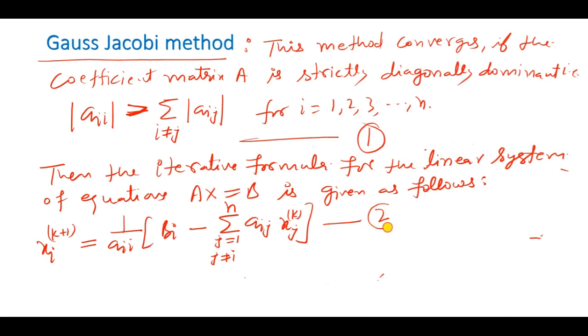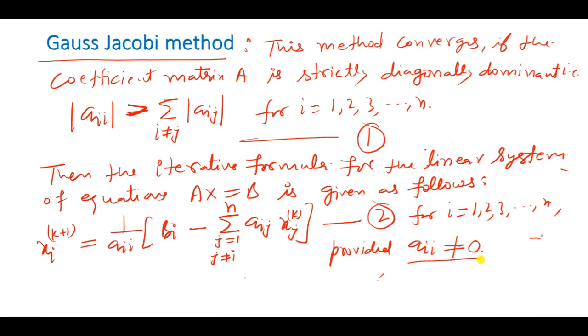This is equation 2, for i = 1, 2, 3 up to n, provided aii is not equal to 0. That is, the iterative formula given by equation 2 is applicable only for aii not equal to 0.